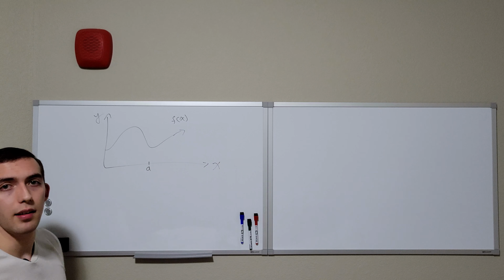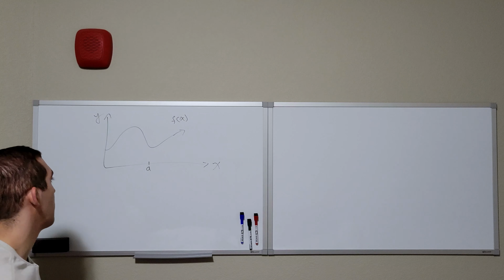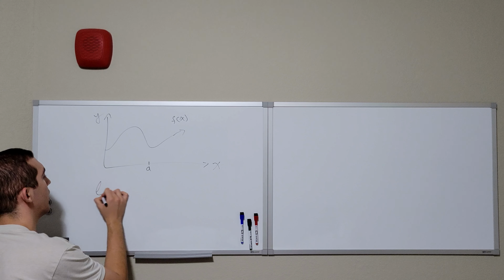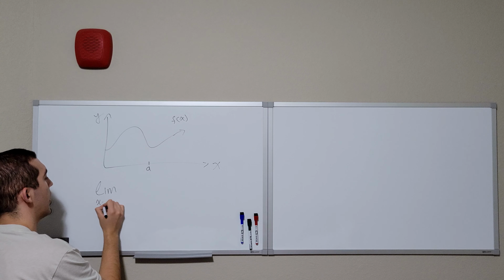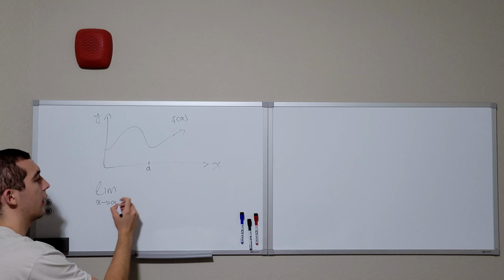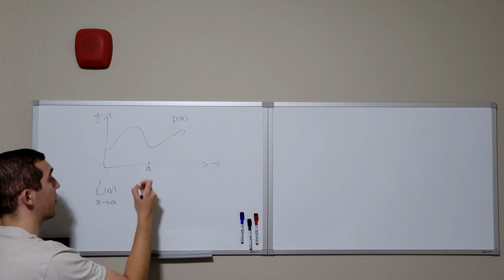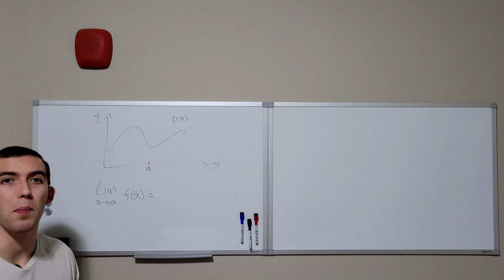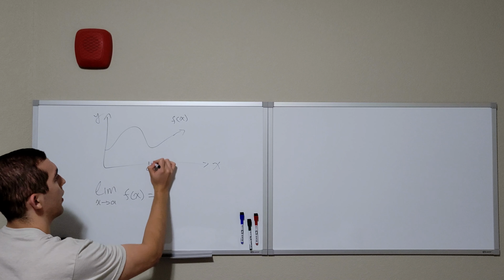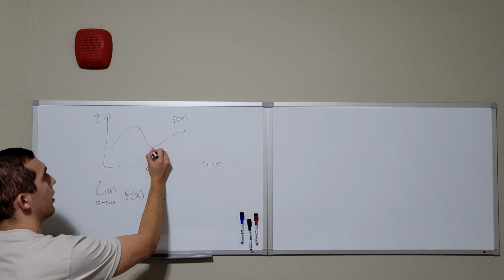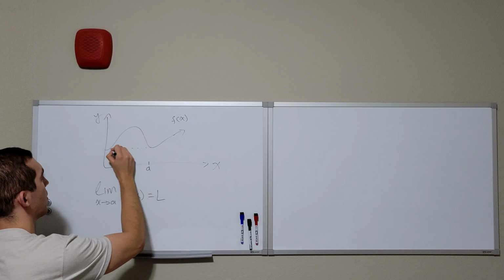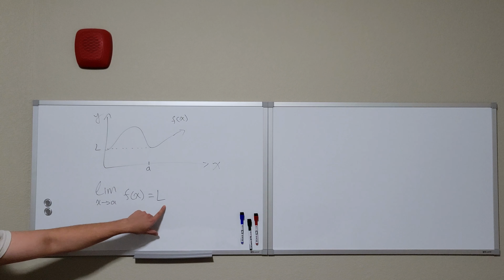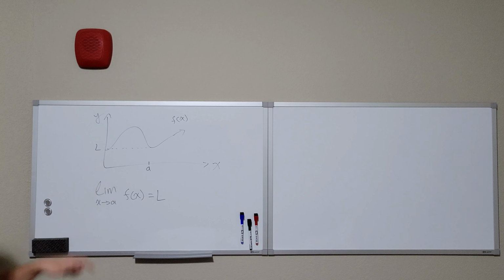So how would we write that as a definition? What we would say is that the limit as x approaches this number a of our function f of x is equal to some number L. Meaning that as we approach a from either side, our function is going to approach this number L. That is somewhat of a brief, intuitive definition of a limit, right?